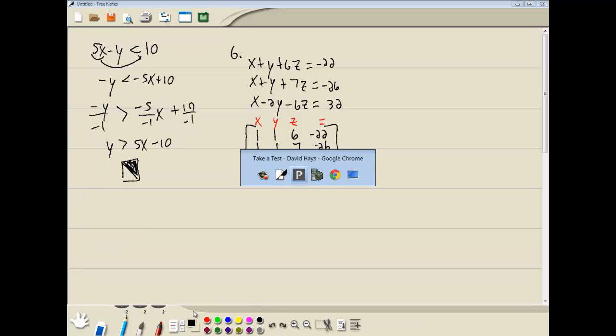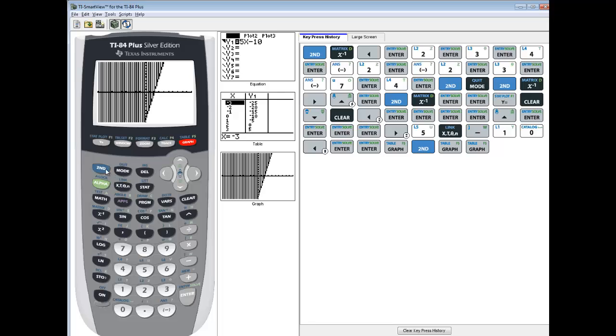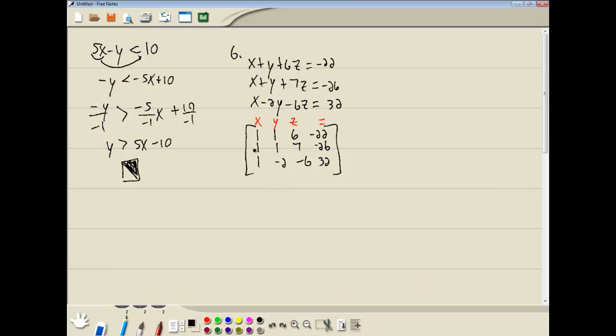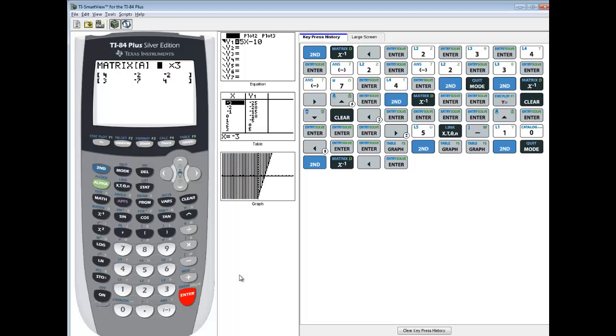Well, let's go put this in our calculator now. So I'm going to exit out of there, second mode, and then I'll do my second x to negative 1. I go over to edit, enter on A. Now it's asking us for rows and columns again. This is 3 rows, 4 columns. So I do 3 enter, 4 enter.